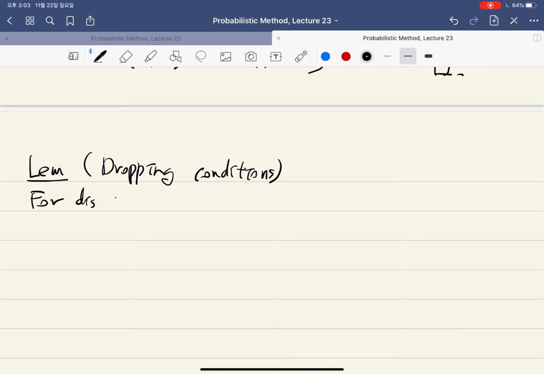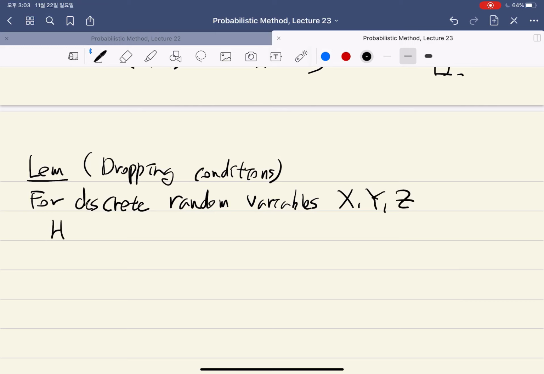For discrete random variables x, y, g, the conditional entropy, the additional information we get from x when we already know y and g, is at most the additional information we get from x when we only know y.